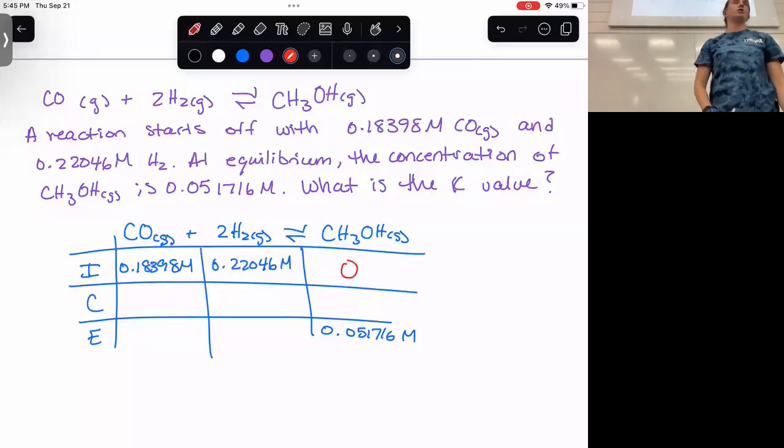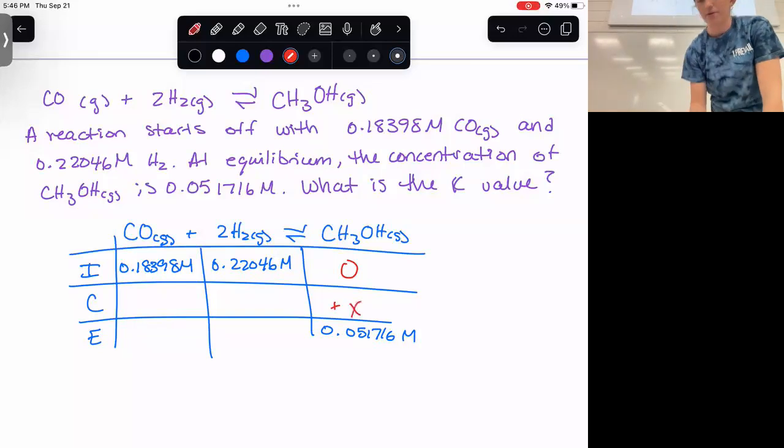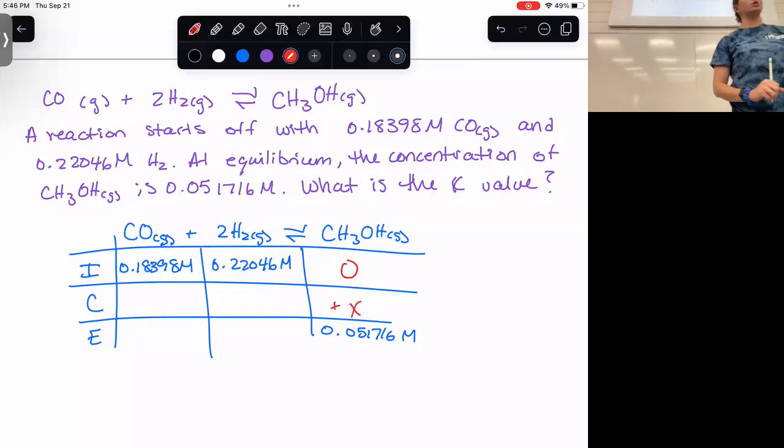What is the change going to be for the CH3OH? Just plus X, right? We only have a coefficient of 1 in front of CH3OH, so it's just 1X that it's changing by. Can anyone tell me what X is?